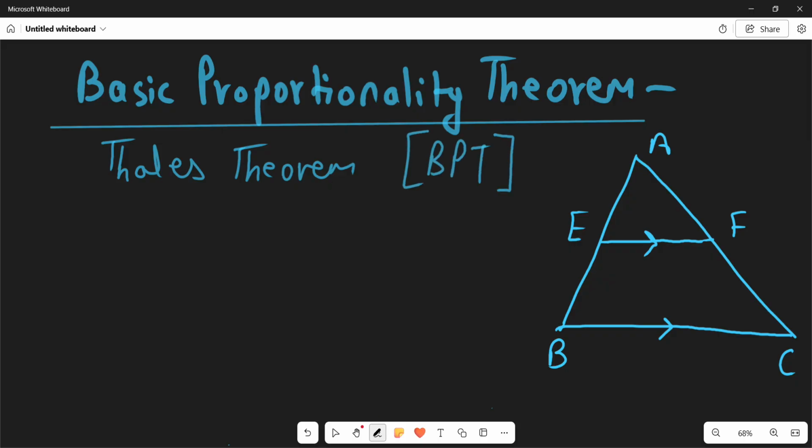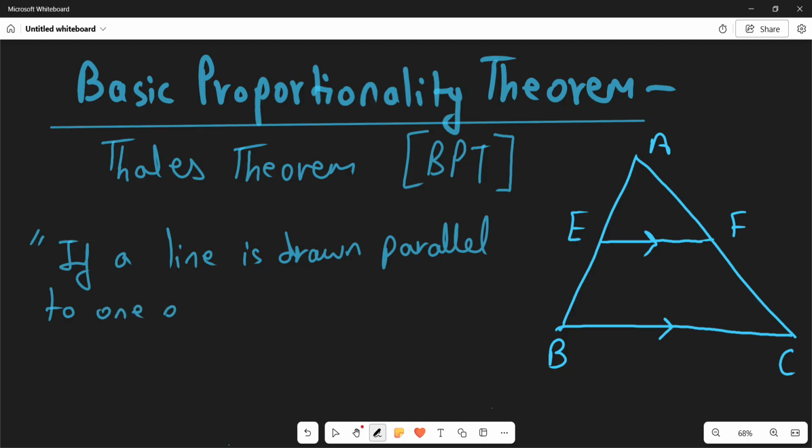Now this theorem says that if a line is drawn parallel to one of the sides of a triangle, then it divides the other two sides in the same ratio.